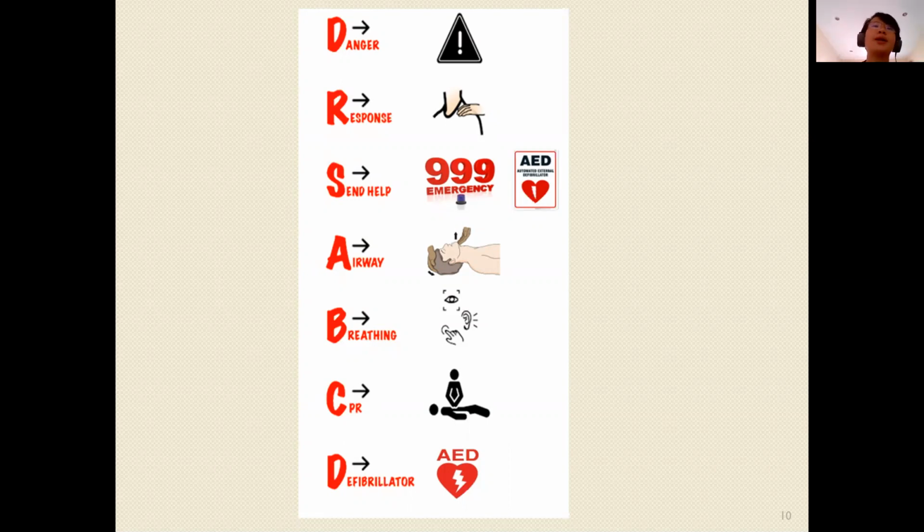And the next step is opening the airway. Okay, opening of the airway because when someone's unconscious, their airway is likely to be closed, obstructed, not clear. So when that happens, you need to do a maneuver to manually open the airway. And this maneuver we call head tilt chin lift. Okay, how you do it is that you put one hand on the forehead of the casualty, and the other hand on the bony part of the chin.